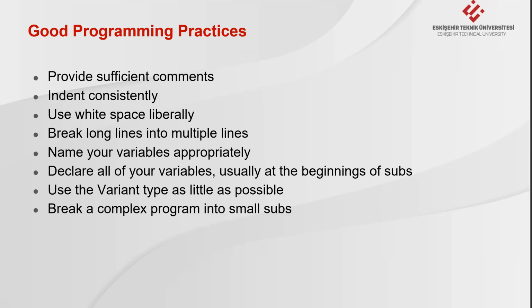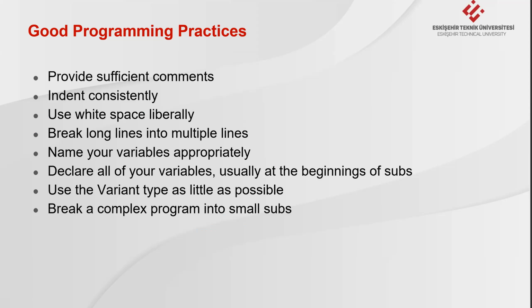So, good programming practices. These are the good habits to follow. The first thing is providing sufficient comments, using indentation, using white space liberally, breaking long lines into multiple lines, and naming your variables appropriately. We have seen them in our previous class.